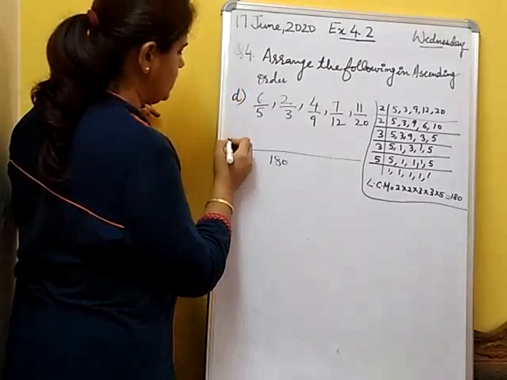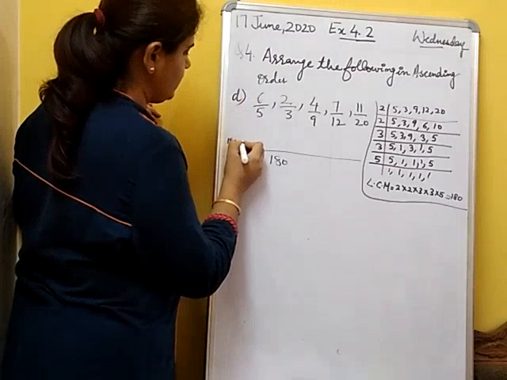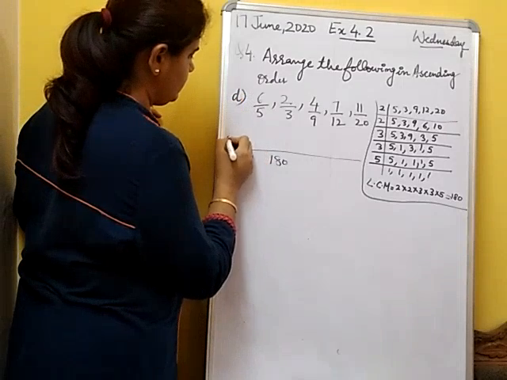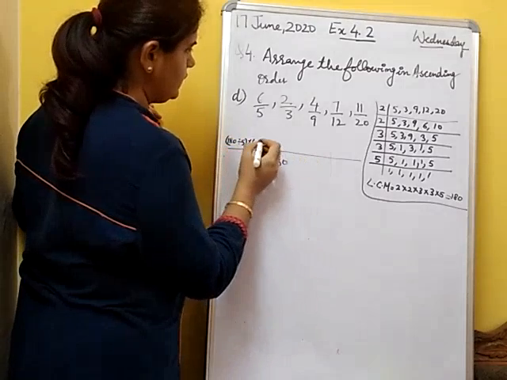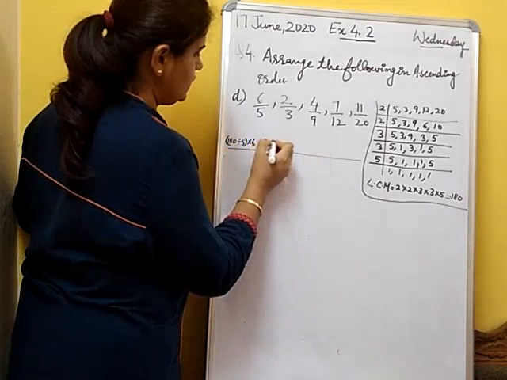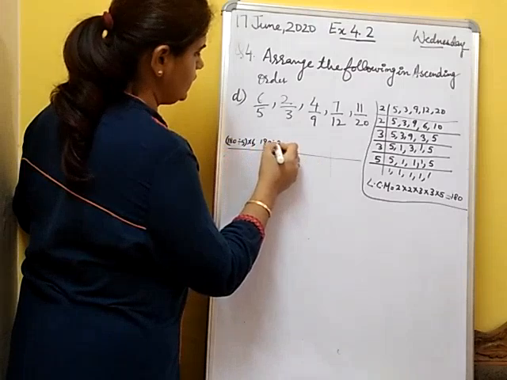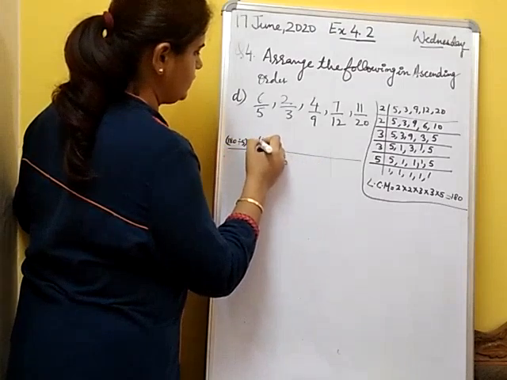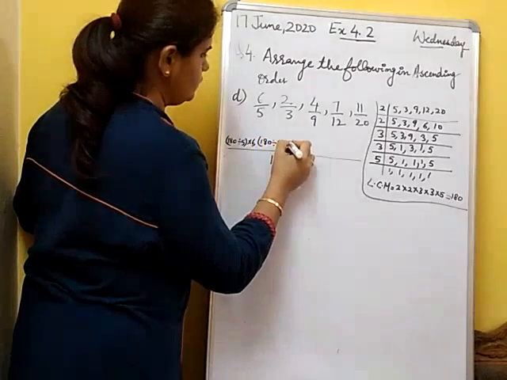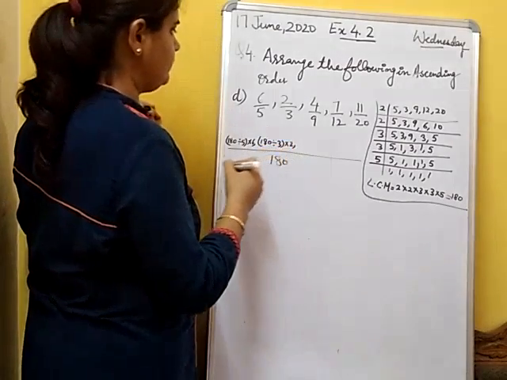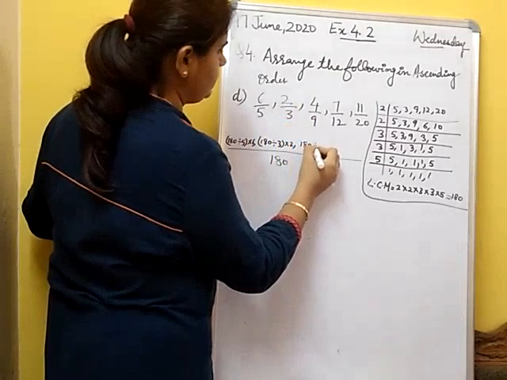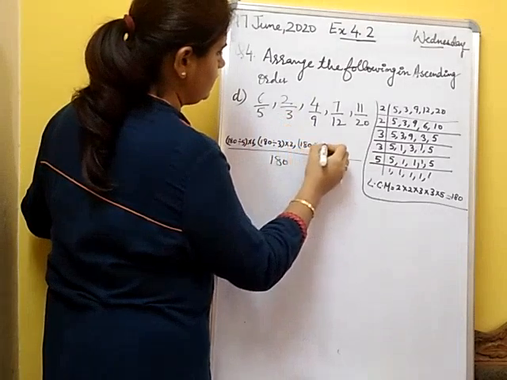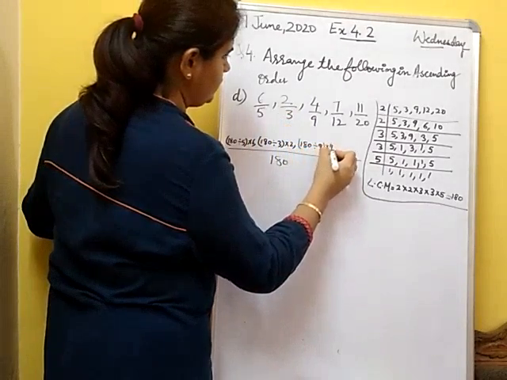So 180 divided by 5 multiply 6, comma, 180 divided by 3 multiply 2, comma, 180 divided by 9 multiply 4.